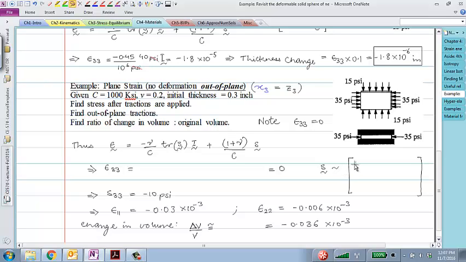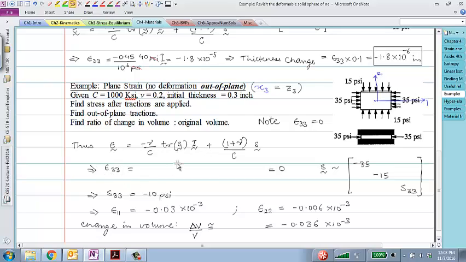So what do you think would be the state of stress for this particular body? Again, I'll pick 1 and 2 in these directions. State of stress in the 1-1 direction, minus 35. In the 2-2, minus 15. And since I don't know the third component, I'll just write S33. Again, we'll use that relationship that relates strain to stress.